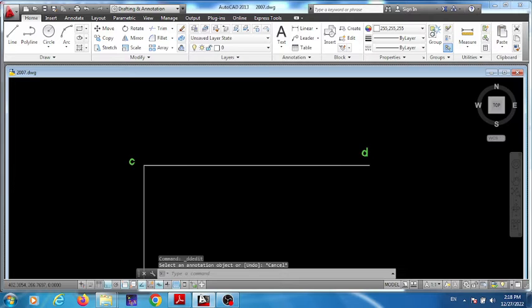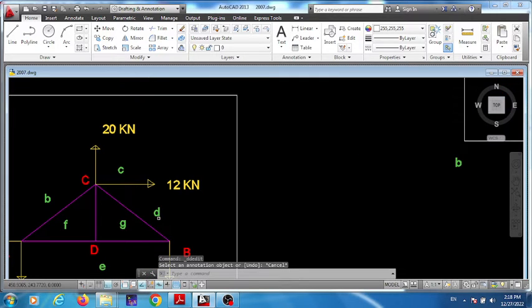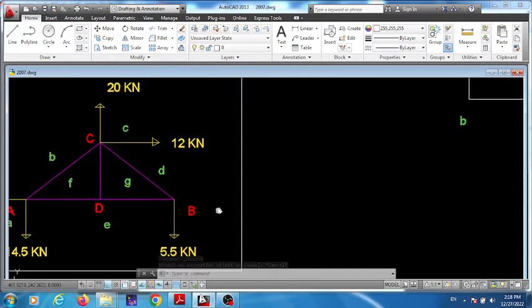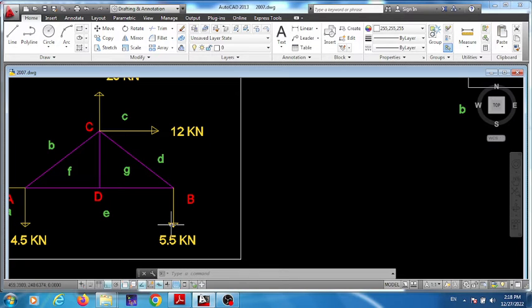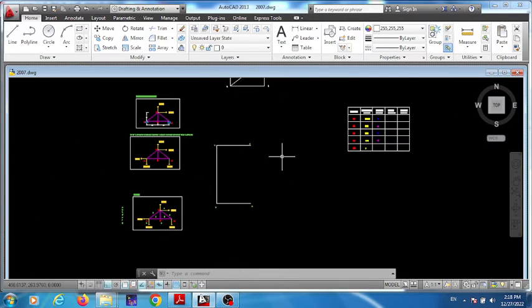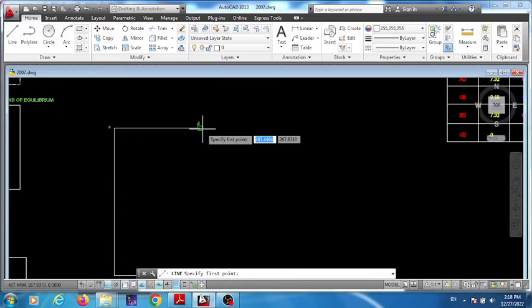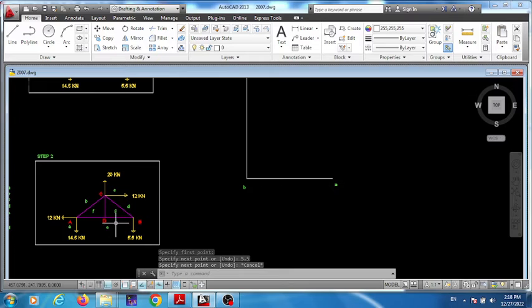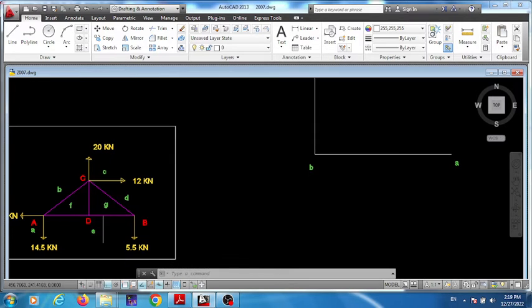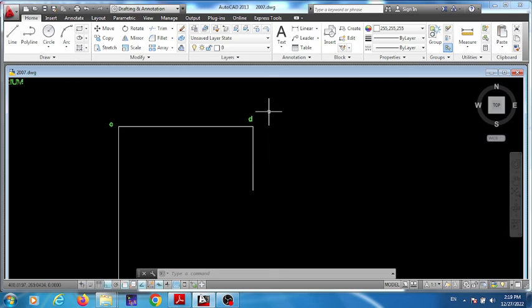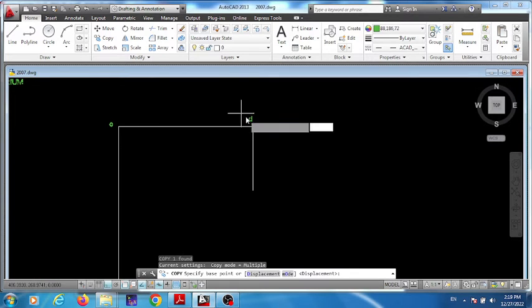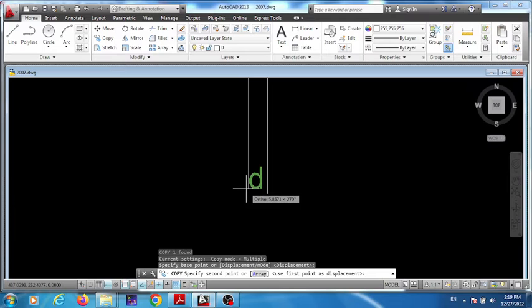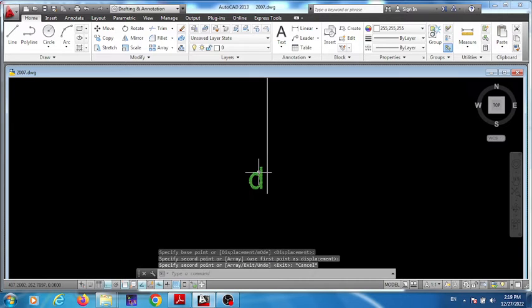Now next we have to see between D and E there is a 5.5 kilonewton load in the downward direction. So you have to draw a 5.5 line. Okay, now this line is between D and E, so you have to mark the letter E here.